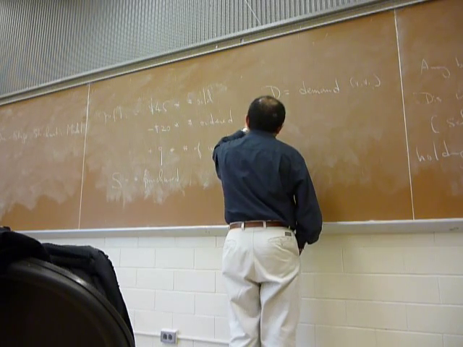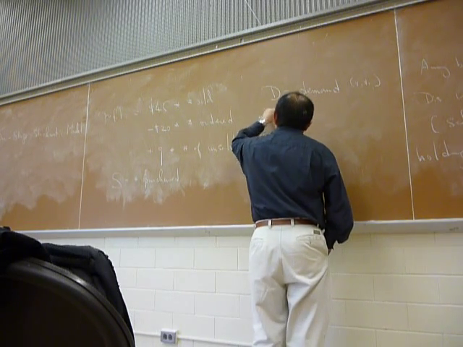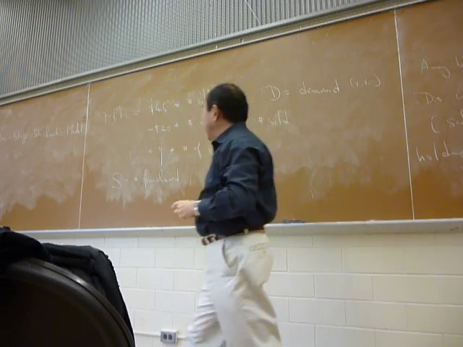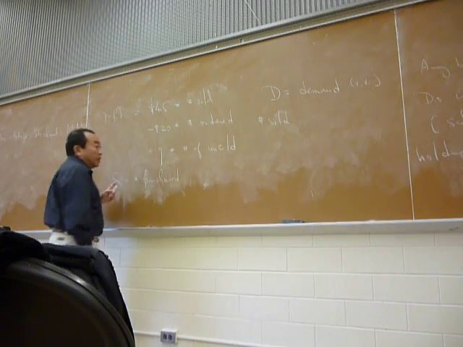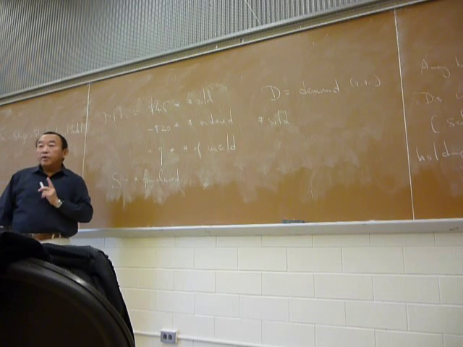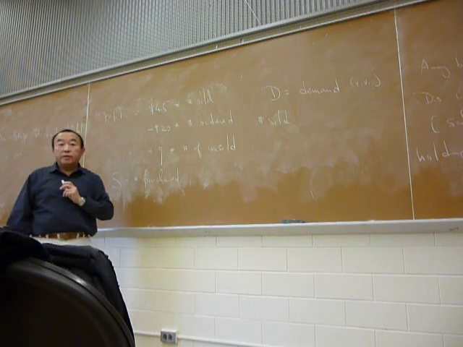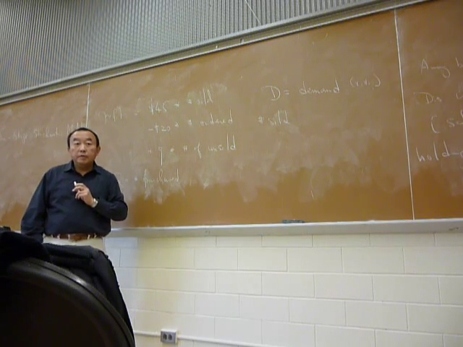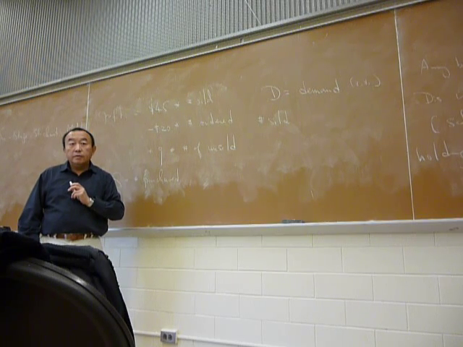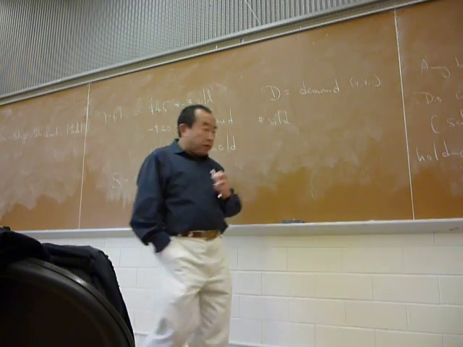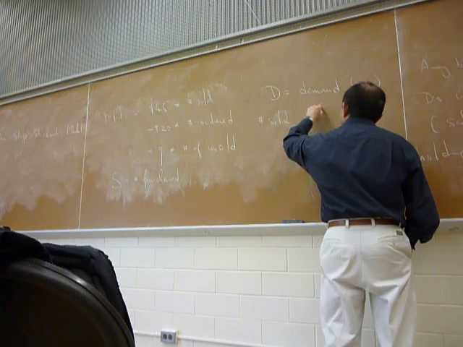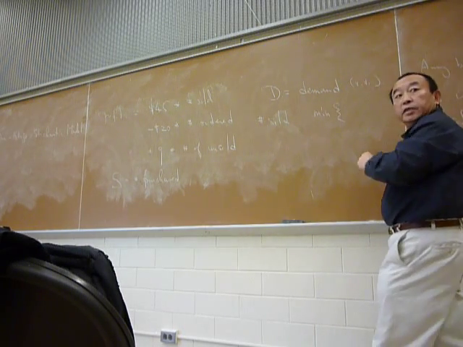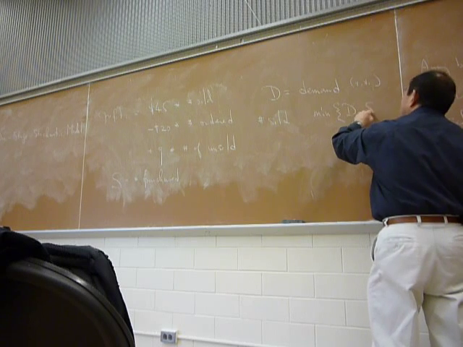So what is the number sold? How do I represent that in terms of D and S? It's the smaller of the two. Right, very good. So this one, in fact, is the minimum of D and S, the smaller of those two.